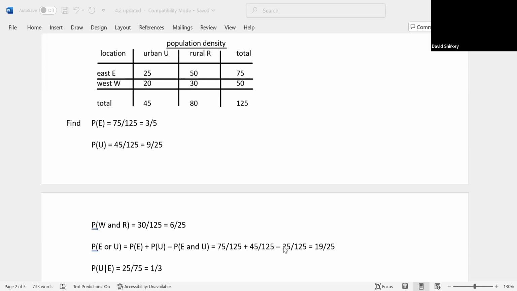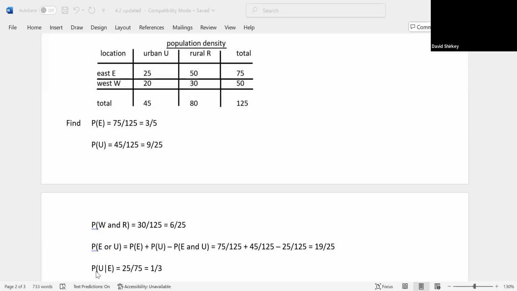We have to subtract the probability that it's both east and urban, which is this 25 over 125, because it's been counted twice. And so that equals 19 over 25.